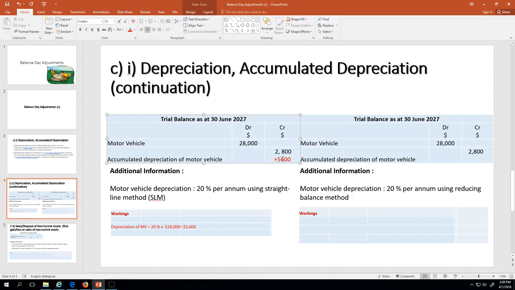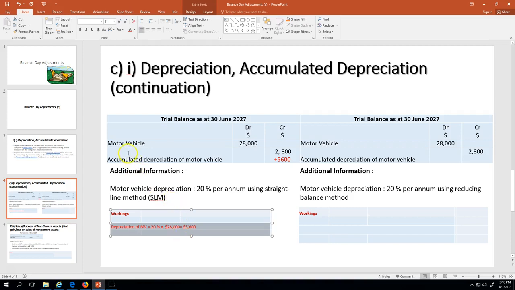In depreciation, or in SOCI, we will record the depreciation at 5,006, because the loss of value of a non-current asset happens every year. So every year we record our depreciation as an expense in SOCI. However, the accumulated depreciation is a minus asset.